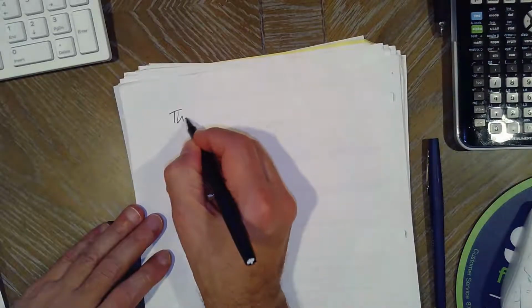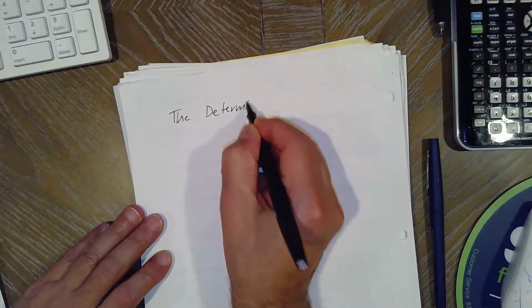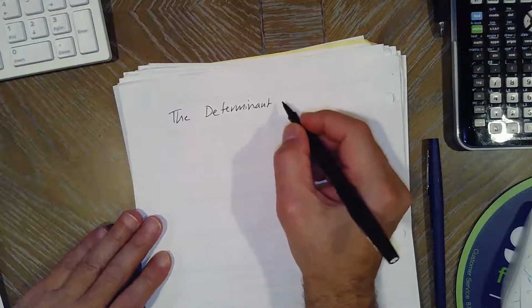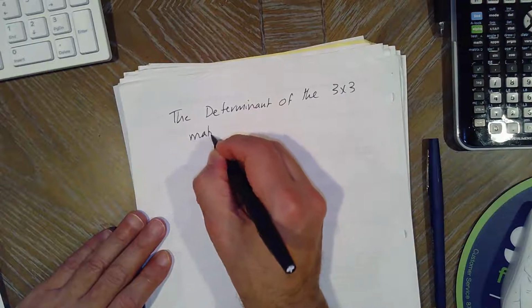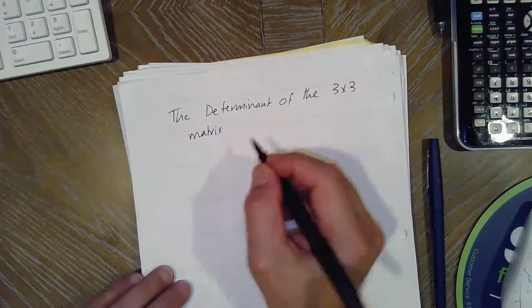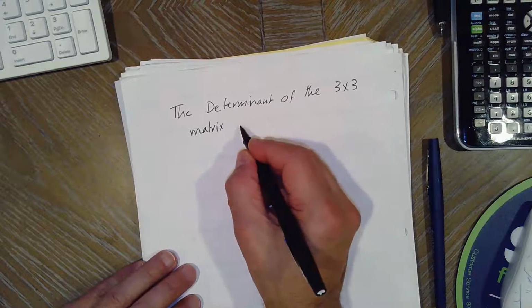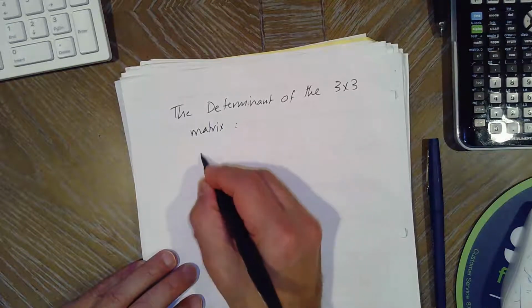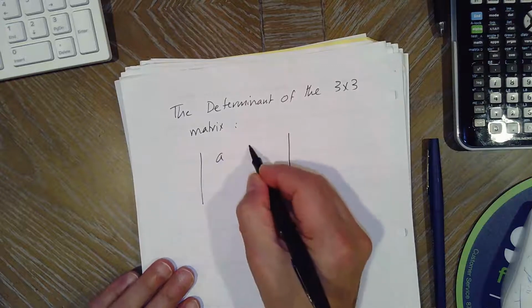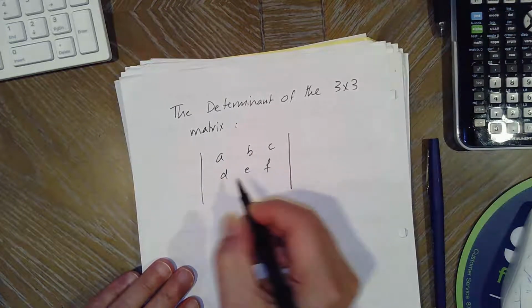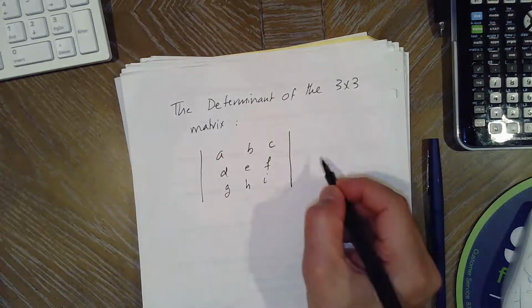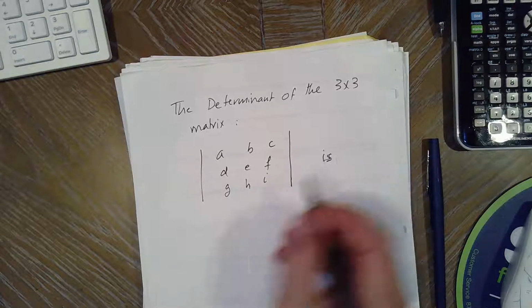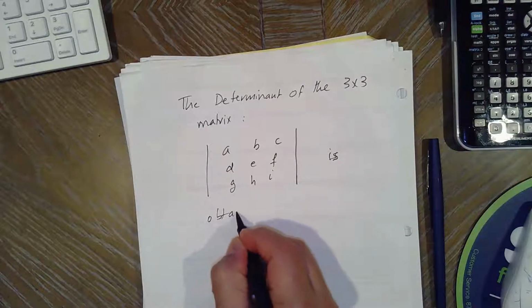So how do we find the determinant of a 3 by 3 matrix? The determinant of the 3 by 3 matrix, write it like this: A, B, C, D, E, F, G, H, I. That determinant is obtained as follows.